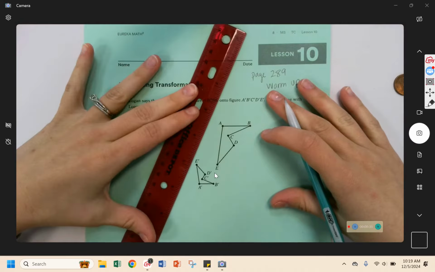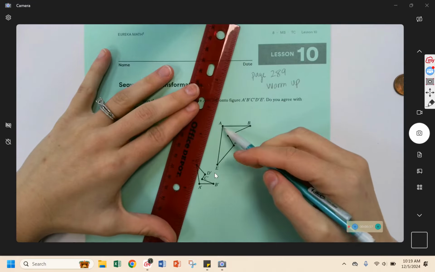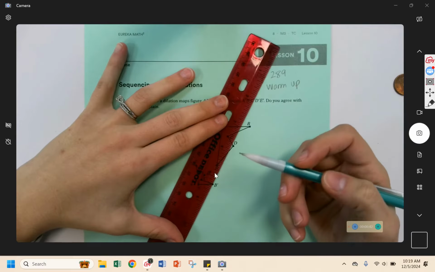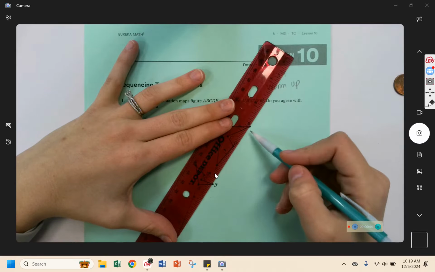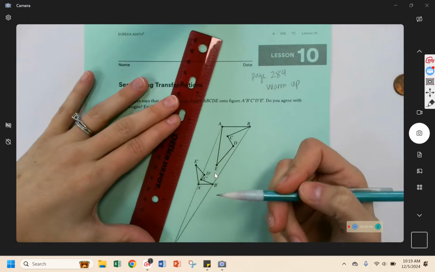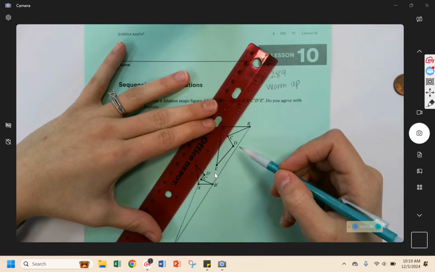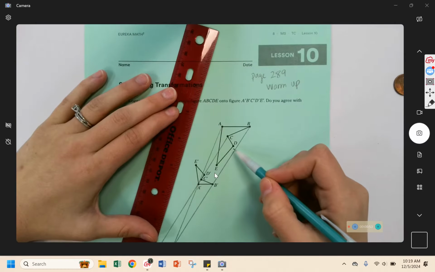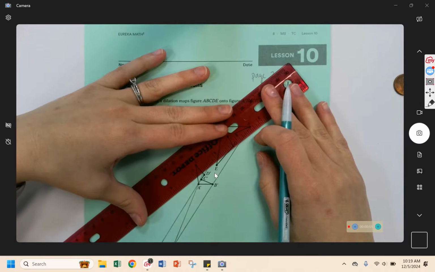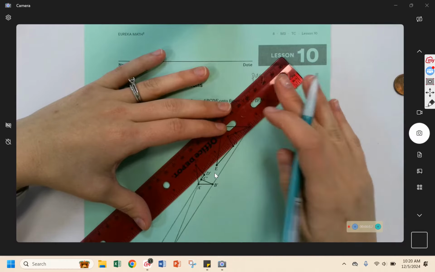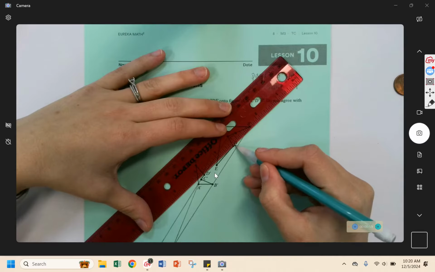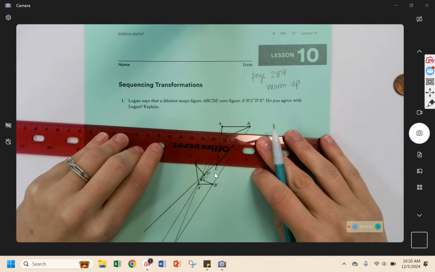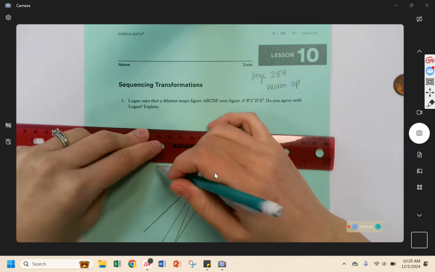So if we were to connect corresponding points, for example, A with A prime, B with B prime, C with C prime, D with D prime, and E with E prime, we would be looking for one place where all the points intersect.